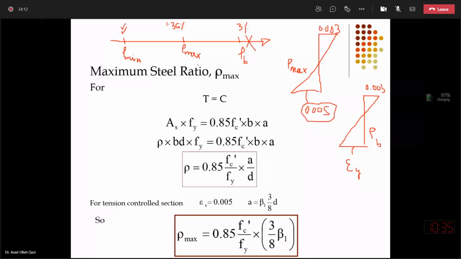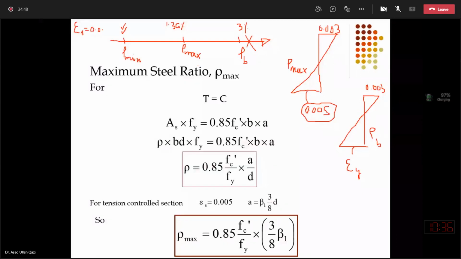So first thing is, we want to derive the rho max equation, and then we want to check whether our example beam has rho less than rho max or greater than rho max. We calculated in that example problem that our epsilon s was 0.007, I remember, or bigger.